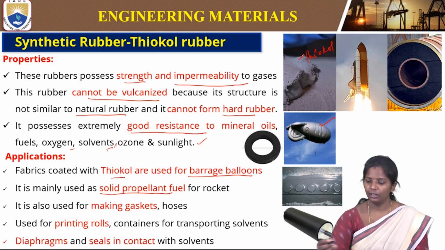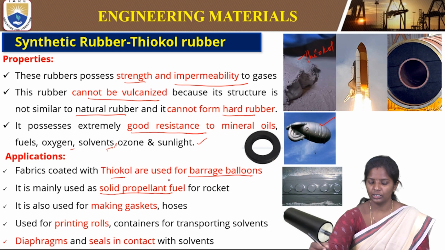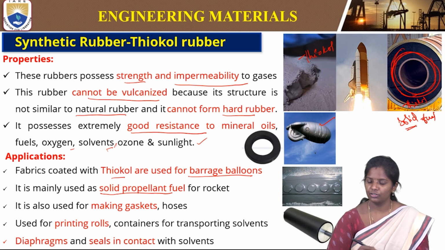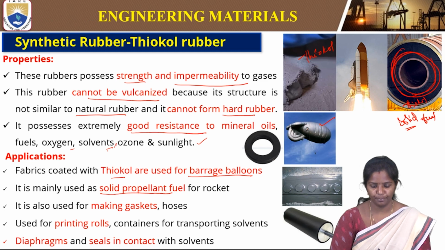All this gap is filled with thiocol solid fuel. Because we are not using any liquid here, it is called solid fuel and can be used in the propulsion of the rocket.